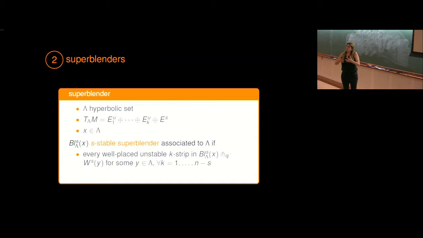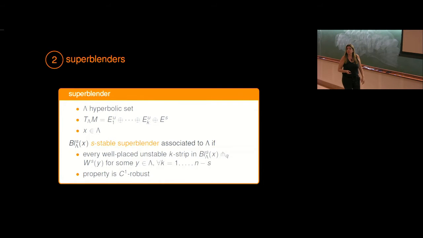So the hyperbolic set also behaves as if their stable manifolds occupied more space than they should. And this is C1 robust.